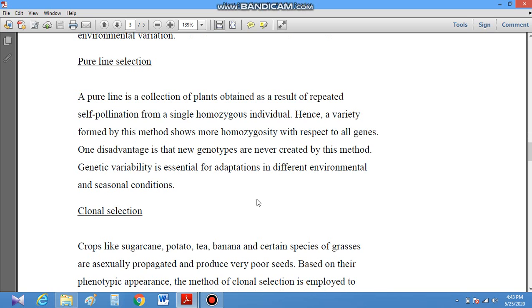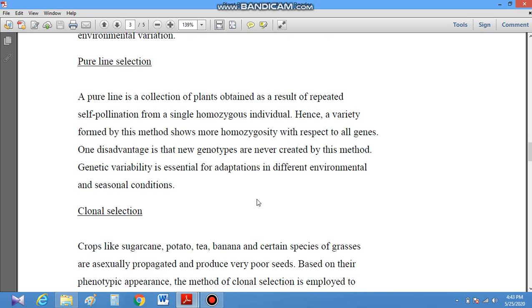A procedure of selecting superior clones from the mixed population of an asexually propagating crop is referred to as clonal selection. There are some agricultural and horticultural crops which are propagated by asexual methods. They include sugarcane, potato, sweet potato, banana, mango, citrus, apple, pears, lychee, etc.